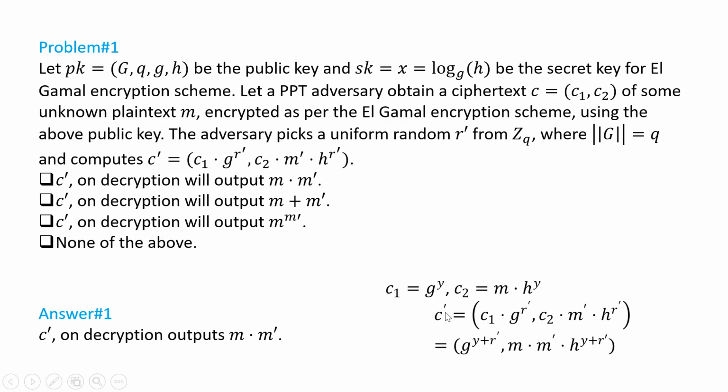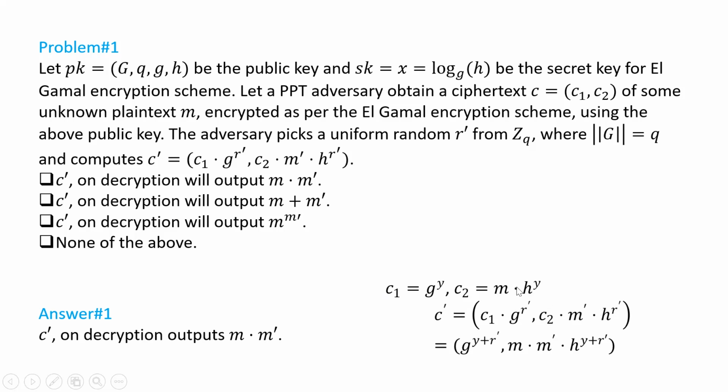Now what the adversary does is compute C dash of the form C1 dot g to the power r dash. What does that mean? C1 is g to the power y dot g to the power r dash. This is nothing but g to the power y plus r dash, right? And the second component is C2 dot m dash dot h to the power r dash. And C2 has this form m dot h to the power y.